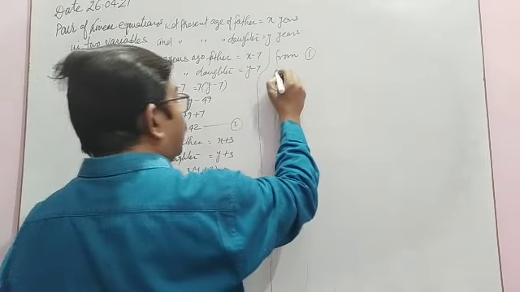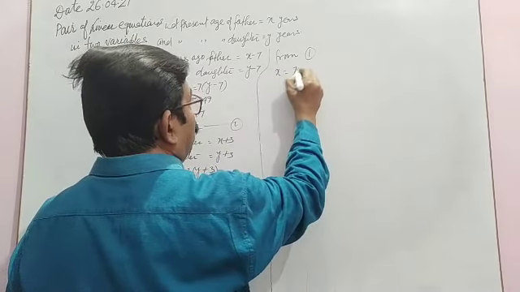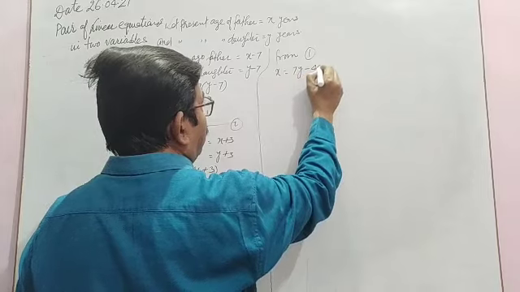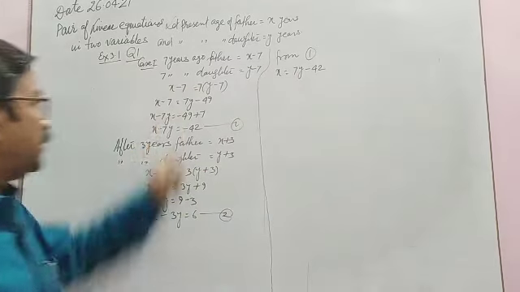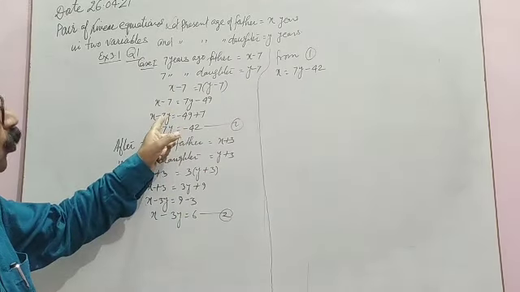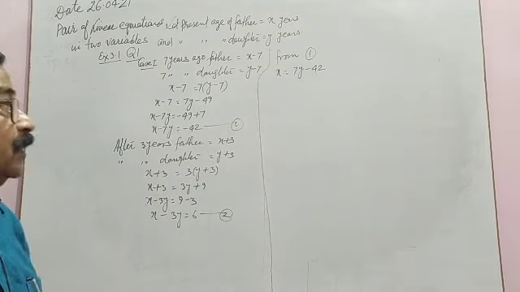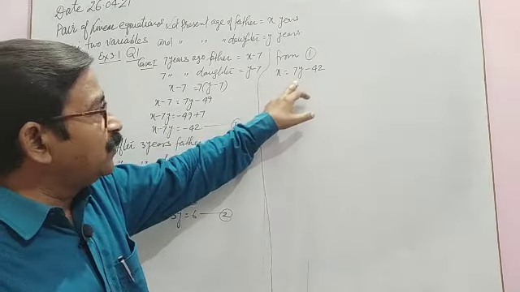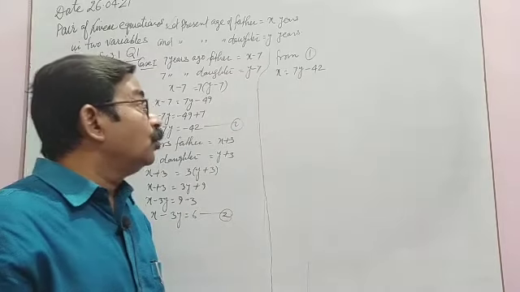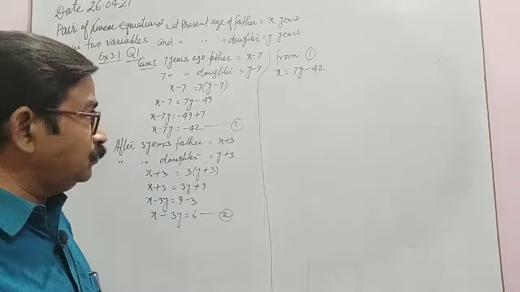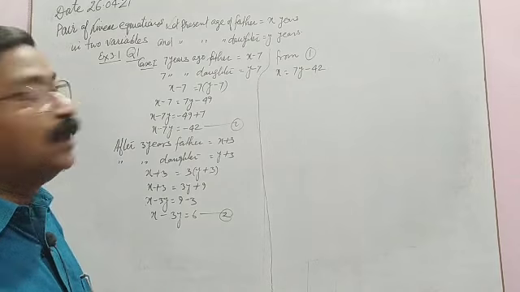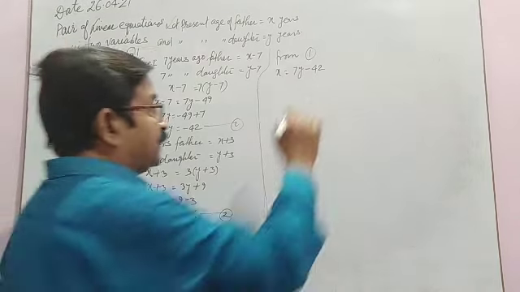So what we write? X is equal to 7y minus 42. This 7y goes into right, becomes positive, and minus 42 is here. So here we have a positive number, a negative number. So we have to put the value of y to get x.